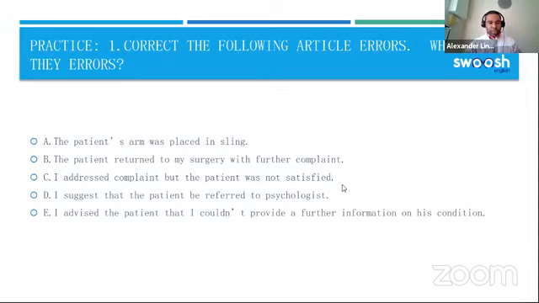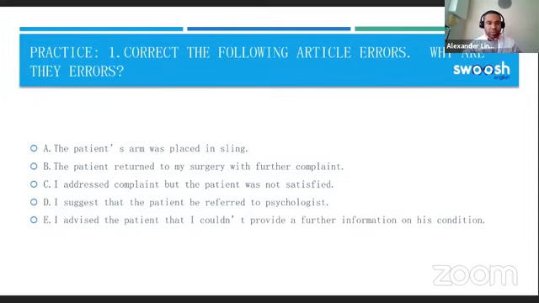Let's see if we can see any other responses. Okay, so Rosella is saying a further complaint. Mosina is saying the complaint. Okay, so some good responses here. Keep them coming.